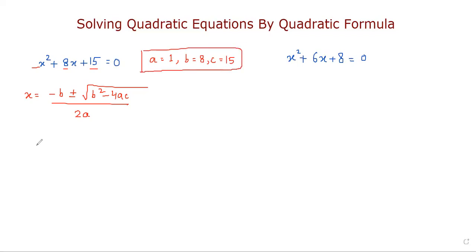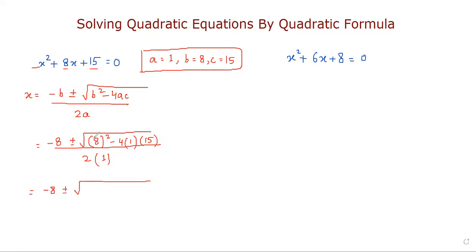Now just put these values in the formula. It becomes minus 8 plus minus square root of 8 square minus 4 times 1 times 15 over 2 times 1, which is equal to minus 8 plus minus square root of 8 square is 64 minus 4 times 15 is 60 over 2.